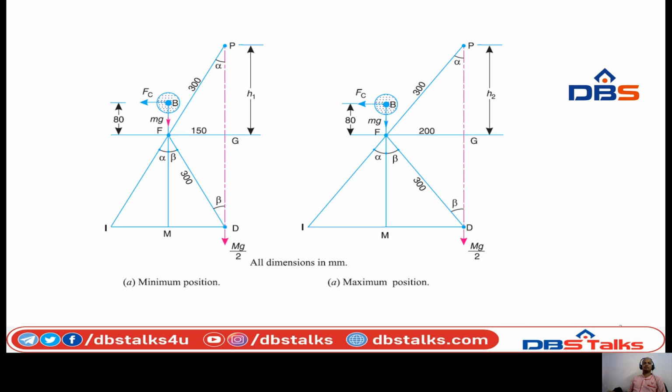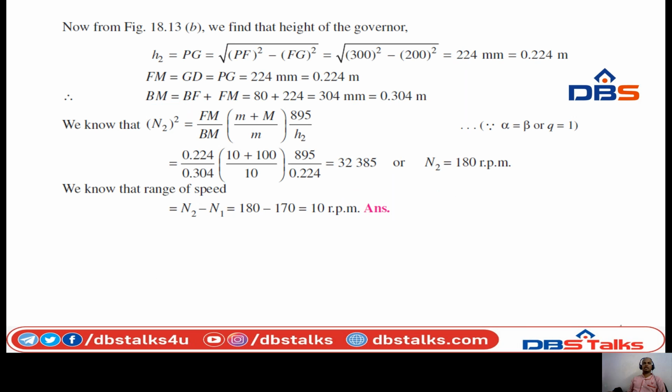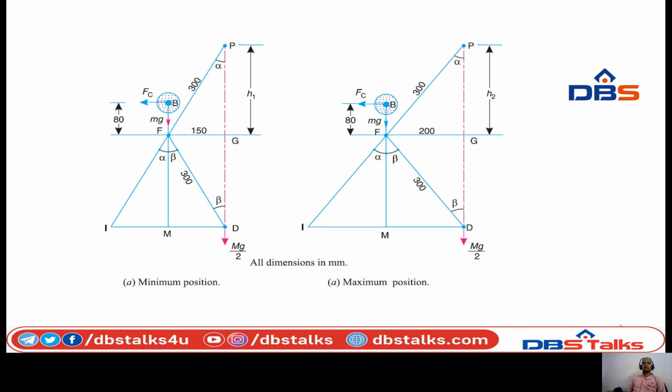Then in a similar way, we need to follow the same procedure for finding N2 also, constructing the diagram for the maximum position. There the only difference is the radius of rotation.